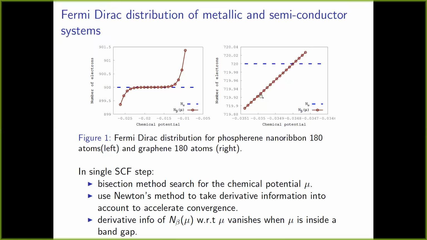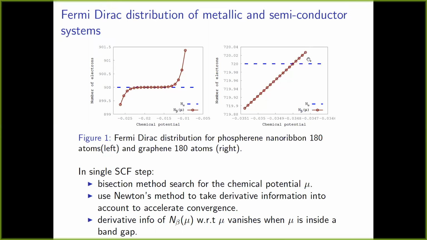For example, if we still have the x-axis being the searching range, and we do a bisection, we will evaluate a Fermi operator in here, and then we have the searching range being from mu min here to mu max here.